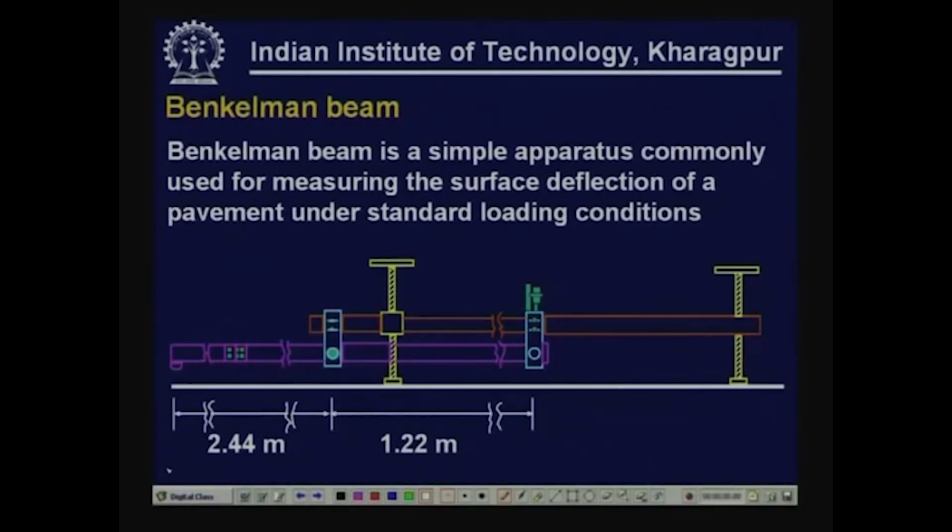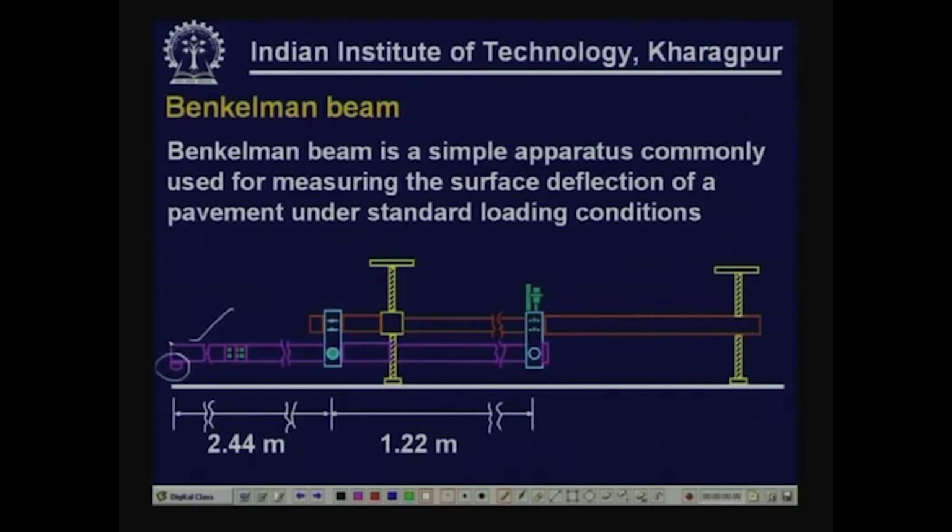A schematic arrangement of the Benkelman beam is shown here. This is the Benkelman beam. It is cut at several places because its full length cannot be shown in the sketch. This is the probe point which would be resting on the pavement surface at a point at which we are trying to measure the deflection.